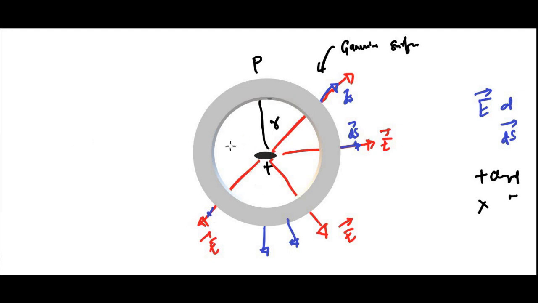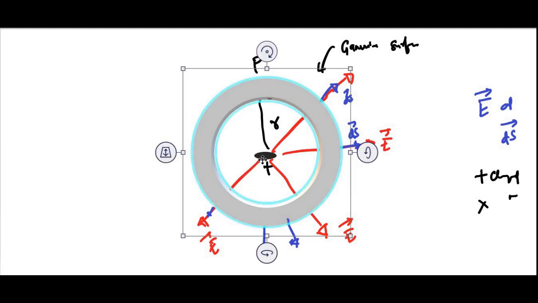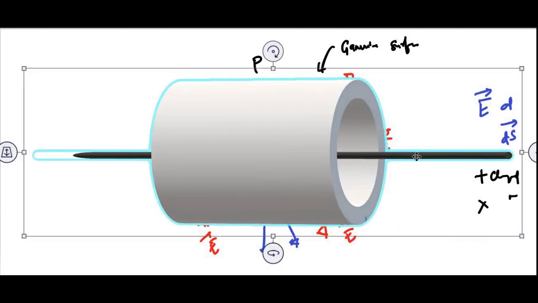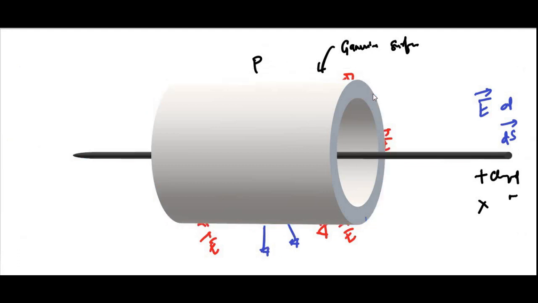While for the two end caps, let us rotate it again. Here there is a positive charge, the infinite wire, so the electric field will be like this.